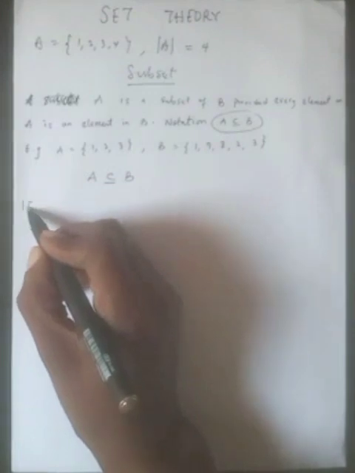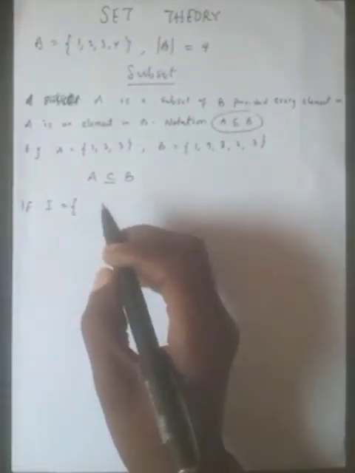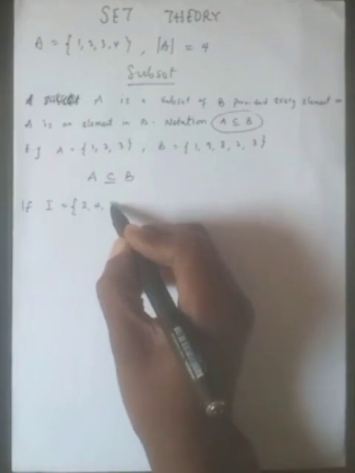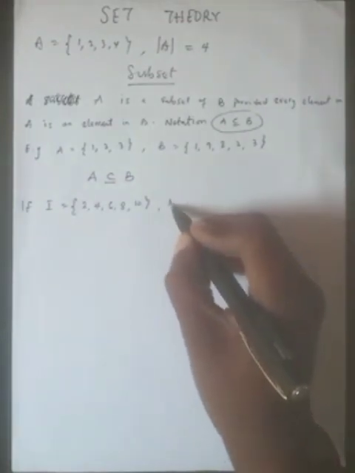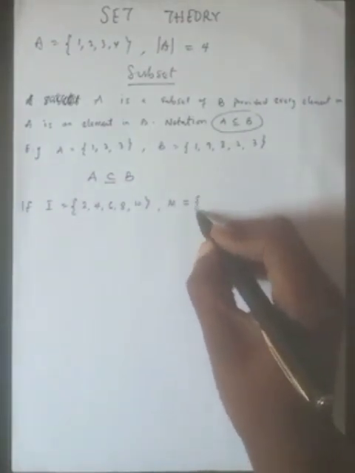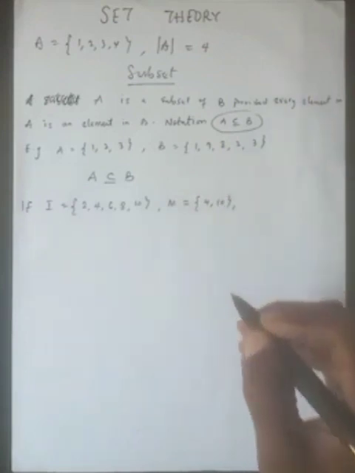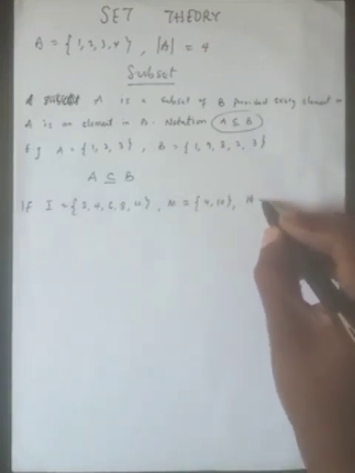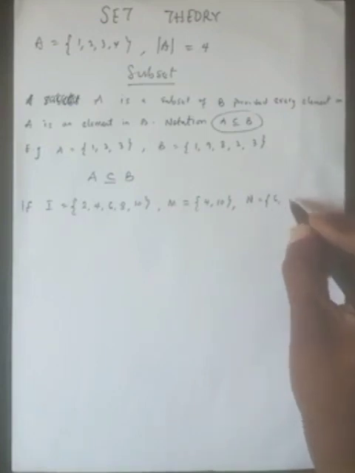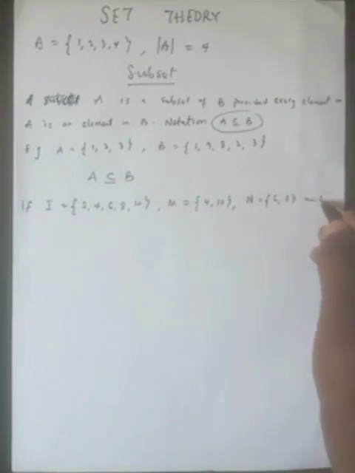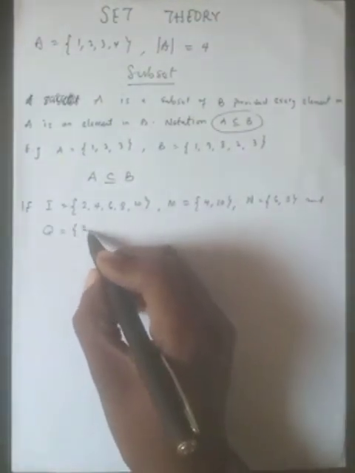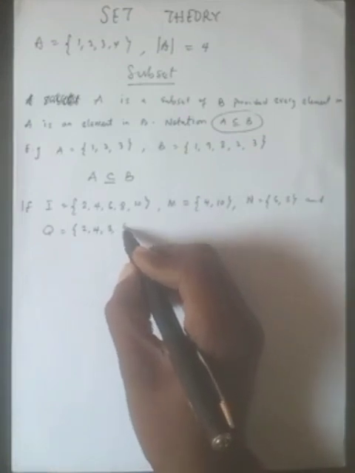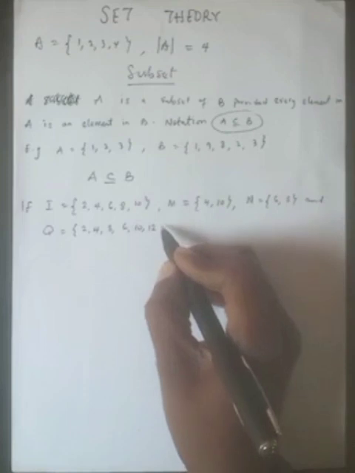So let's take another example. If I is equal to {2, 4, 6, 8, 10}, set M is equal to {4, 10}, set N is equal to {6, 8}, and set Q is equal to {2, 4, 8, 6, 10, 12}.